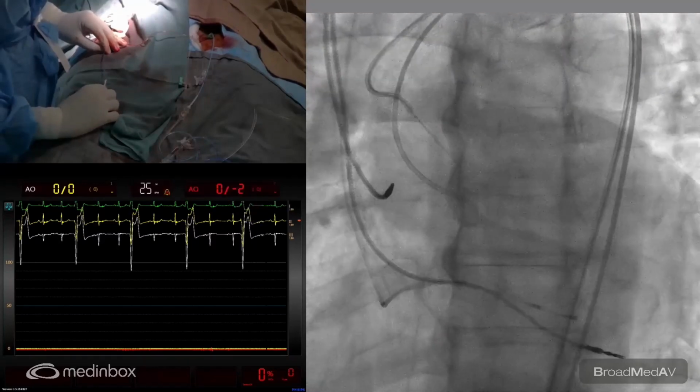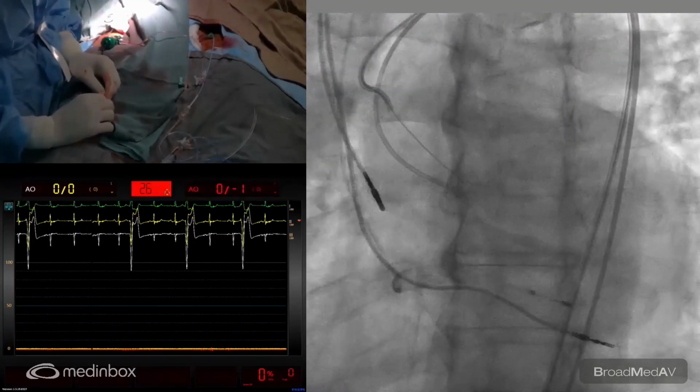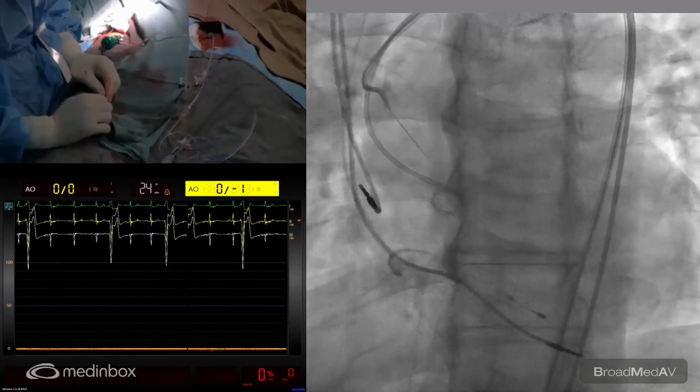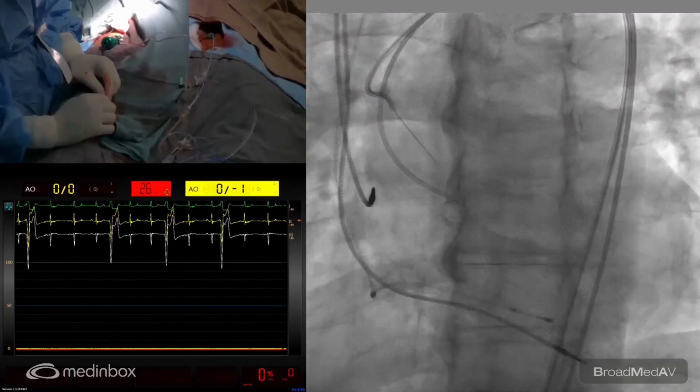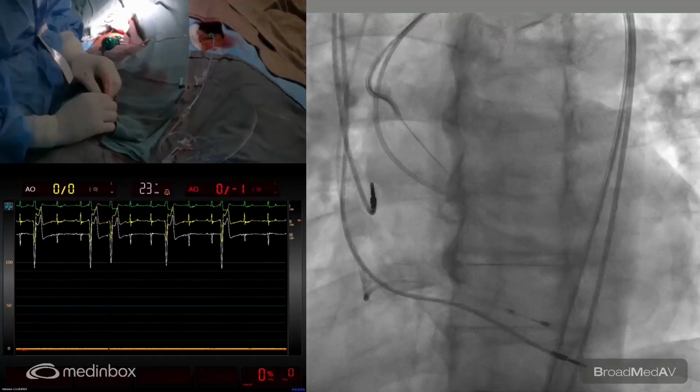Keep another wire ready, please. Keep the Teflon wire ready. Exchange length straight Teflon. Right now we are using a Terumo. If it doesn't cross, sometimes the Terumo gets deflected by the jet.